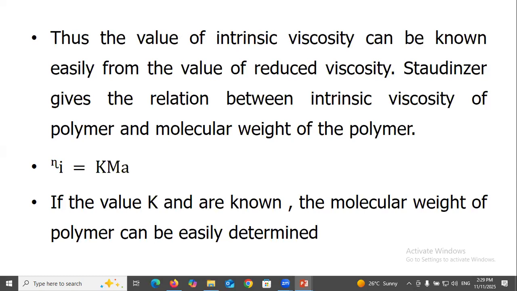Thus, the value of intrinsic viscosity can be known easily from the reduced viscosity. The Staudinger equation gives the relation between intrinsic viscosity and molecular weight of the polymer: eta I equals K M to the power a. If the values of K and a are known, the molecular weight of the polymer can easily be determined.